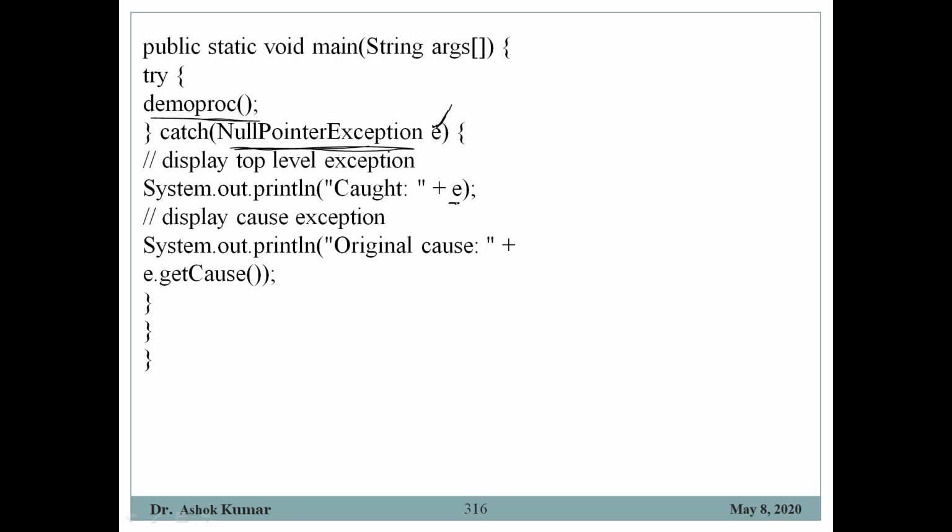If you have implemented toString, then this e will invoke toString and you will get the corresponding result. Otherwise, the default result will get displayed. After that, we are displaying the actual reason of the exception through the second line, "Original cause of the exception is". To get the cause, first write the object name and then call the getCause method, and the getCause method will give you the reason. The reason is ArithmeticException.